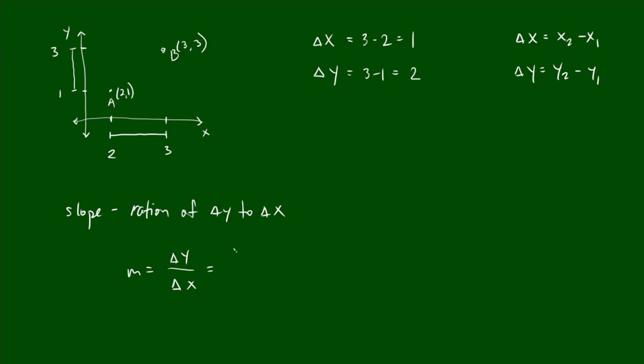So you have y2 minus y1 over x2 minus x1. Now, you can also use 2 keywords that are famous when you're defining the slope of a line. That is going to be the rise over the run. Rise meaning the vertical distance and run meaning the horizontal distance.